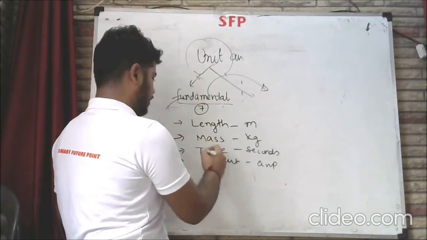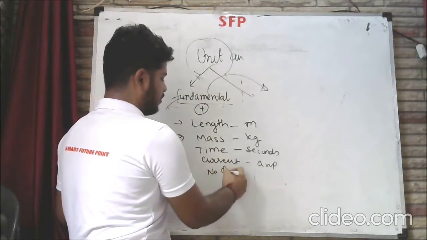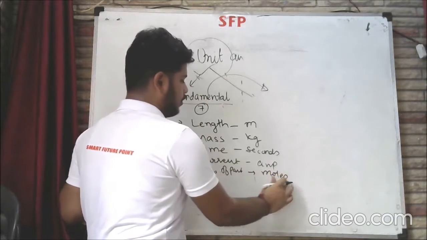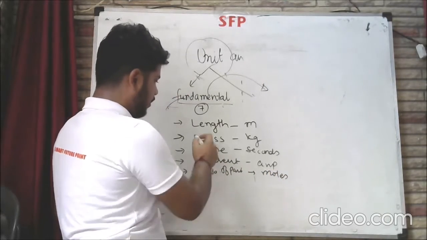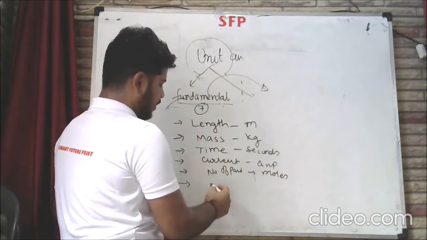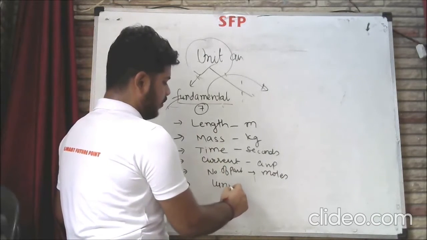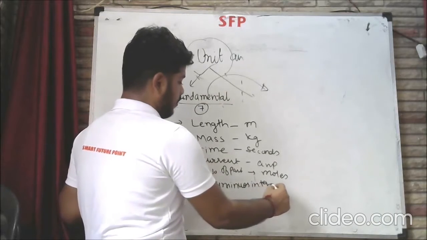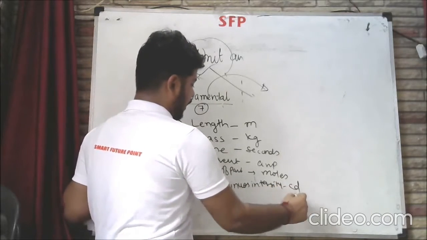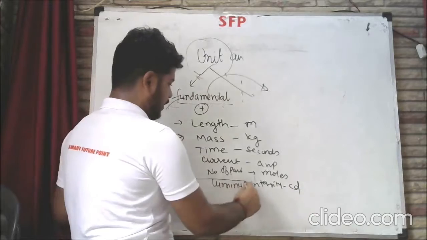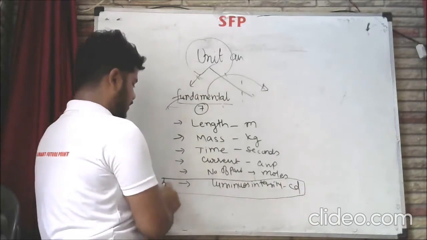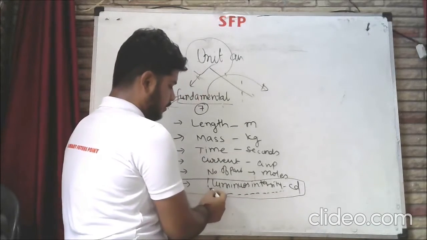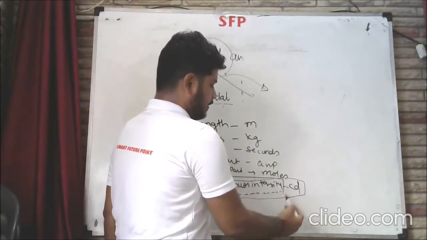The fifth is number of particles, measured in moles. Sixth one is luminous intensity. The unit is candela, but it is not used in class 11, 12. You just have to remember luminous intensity as candela.